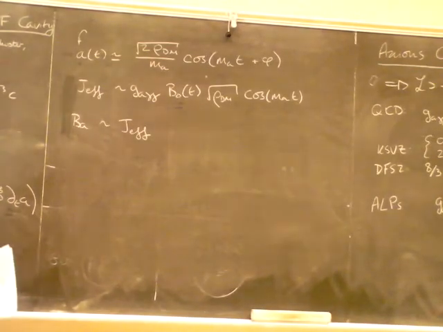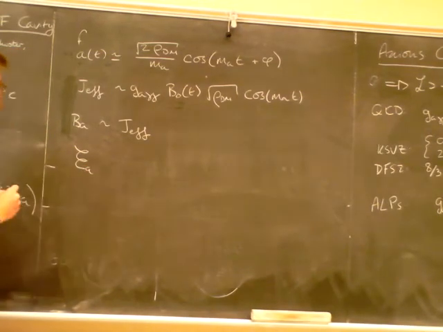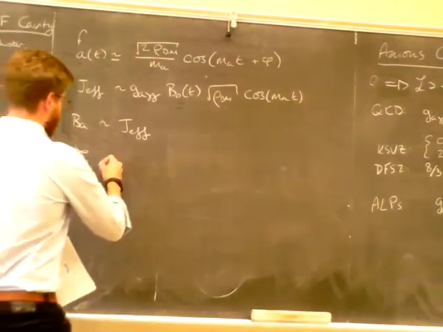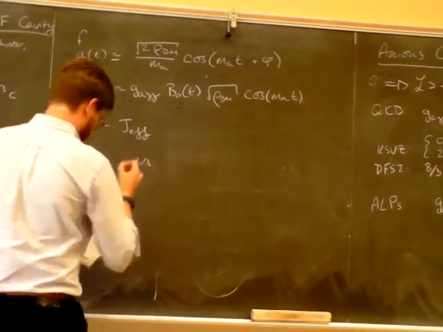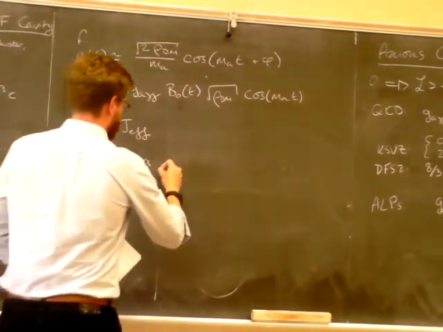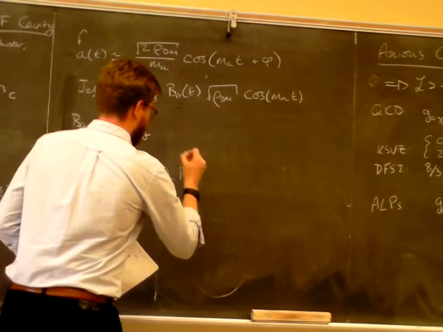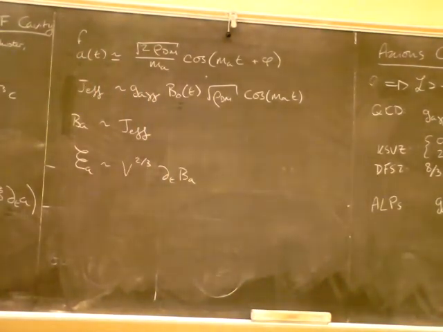And we're also familiar with what the time variation of magnetic fields will do, which is they will source an electromotive force. And this electromotive force goes roughly like the volume of whatever region in space you're looking in to the 2/3 power times the time variation of your axion-induced magnetic field.